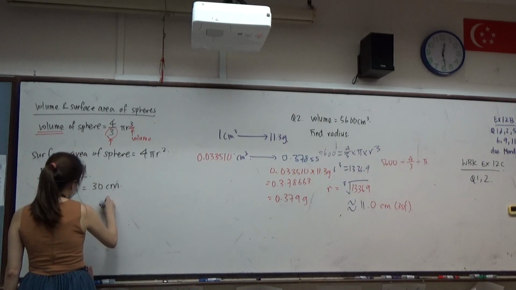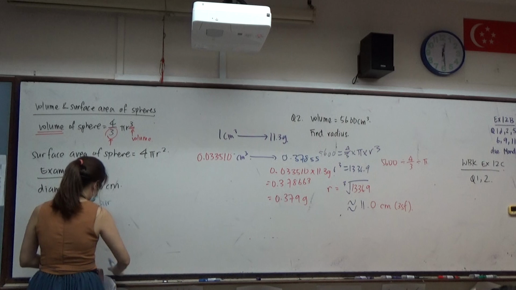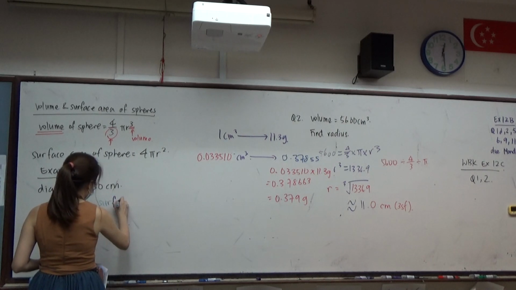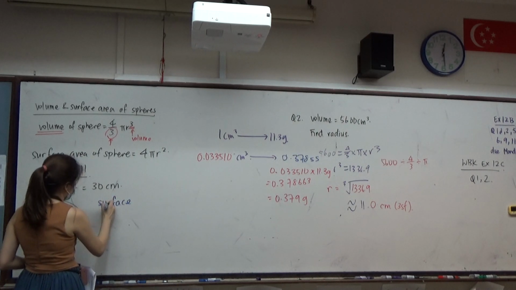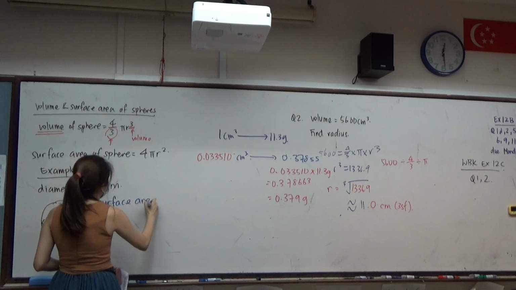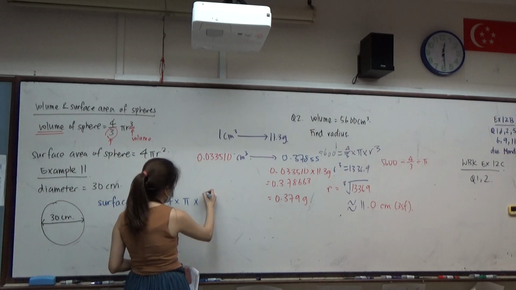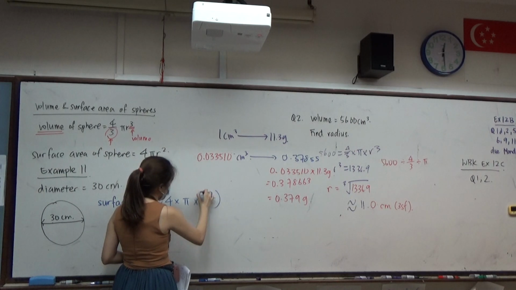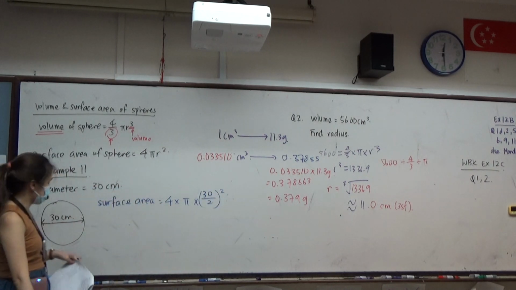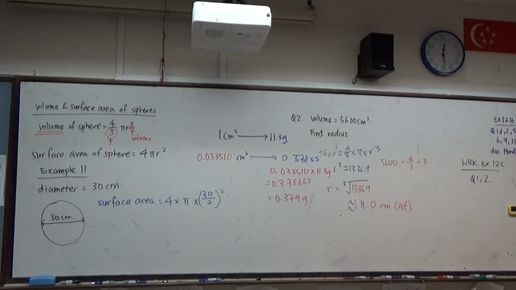So the surface area is 4 times pi times 15 squared, because the diameter is the one that's given. We need to divide by 2 to get the radius, right?